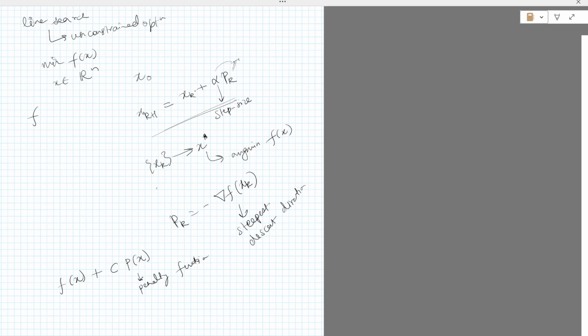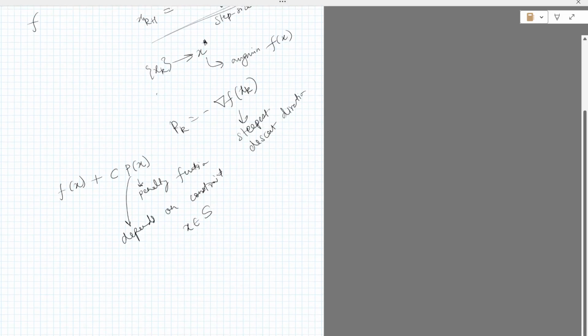The penalty function depends on your constraint, which defines your feasible set S, and you choose c_{k+1} greater than or equal to c_k, where c is a constant.